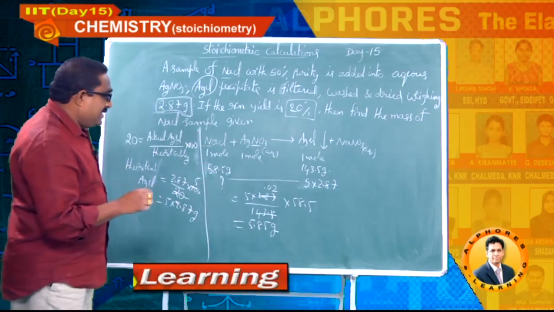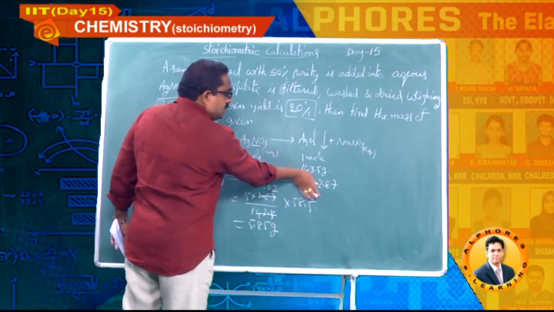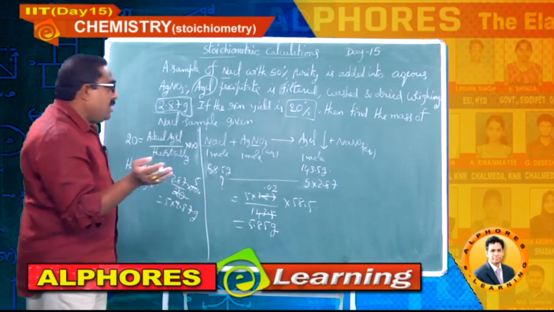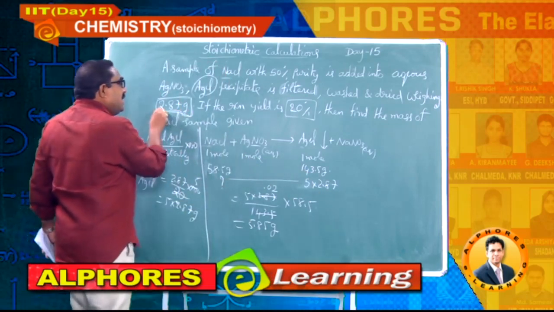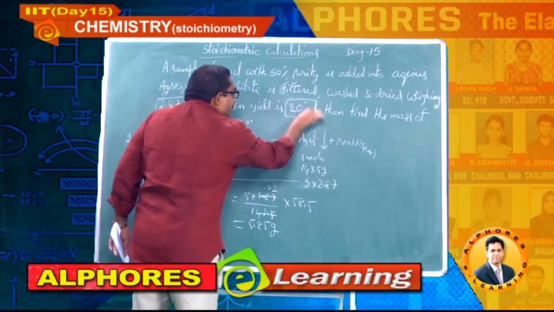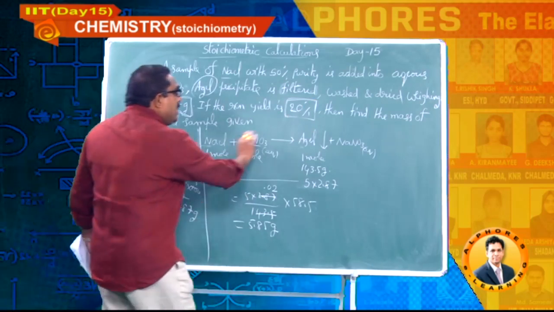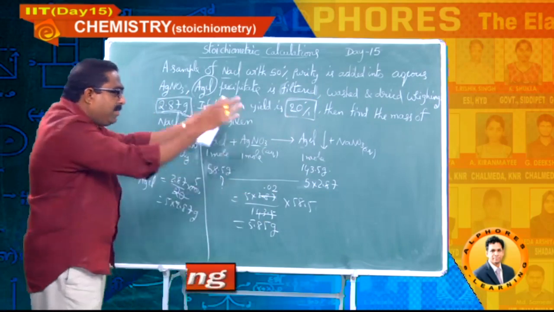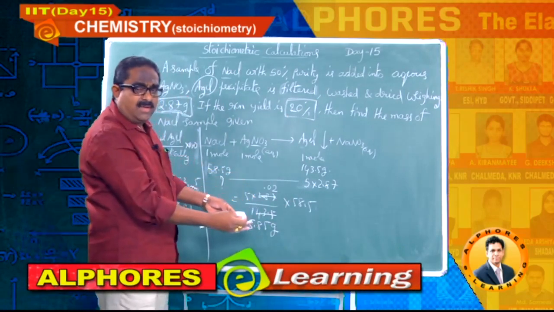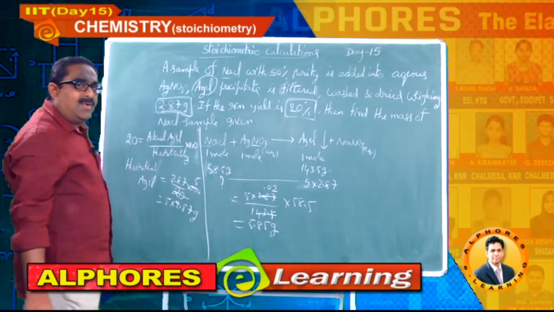Sir, he has given 2.87. If you solve with 2.87 like this, what will happen? No. This is the actual formed product. But the reaction he has mentioned as only 20% yield. Here I am doing all these calculations theoretically. Here I am not doing any experiment. I am not running any process here to manufacture. So that's why all the things I have to do theoretically only.